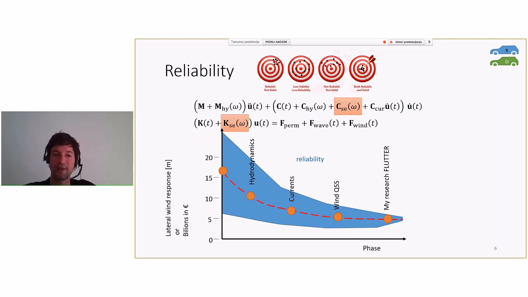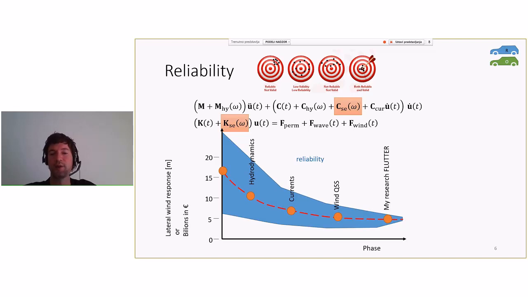And then we also added the currents, which have a smaller contribution, but we also increased the reliability of those solutions when we included them. So we are more certain that our models are correct. And then we also implemented some wind in the time domain, and we found a cheaper solution for those responses, but also a more reliable one, which is the end goal.